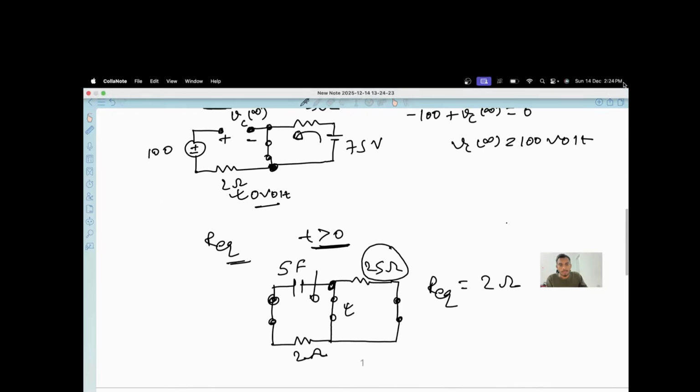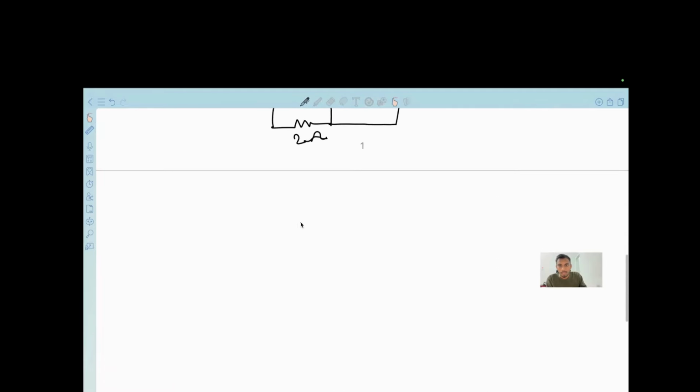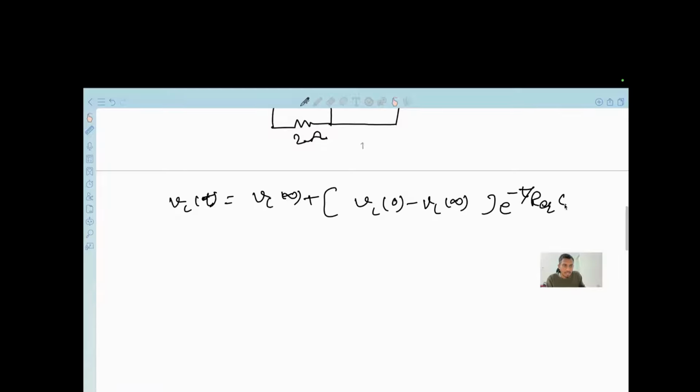Now I will put all the values in the above written equation. I will rewrite this equation here only. Vc at time t is equal to Vc infinity plus Vc0 minus Vc infinity times e to the power minus t upon R equivalent C. We are given that the capacitor voltage is 50 volt, and we have to calculate the time.